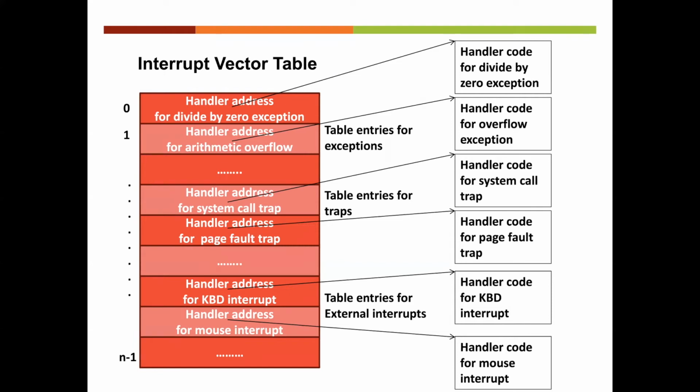Some examples of these events could be handler code for a divide by zero exception, for overflow exceptions, system calls, page fault traps, as well as mouse interrupts and keyboard interrupts. These are a couple of the discontinuities and events that can be stored in the interrupt vector table.